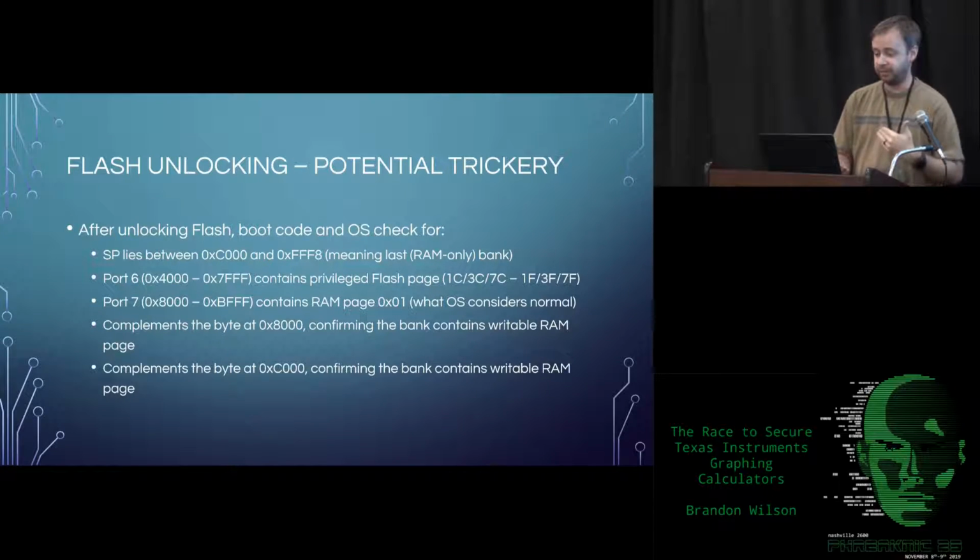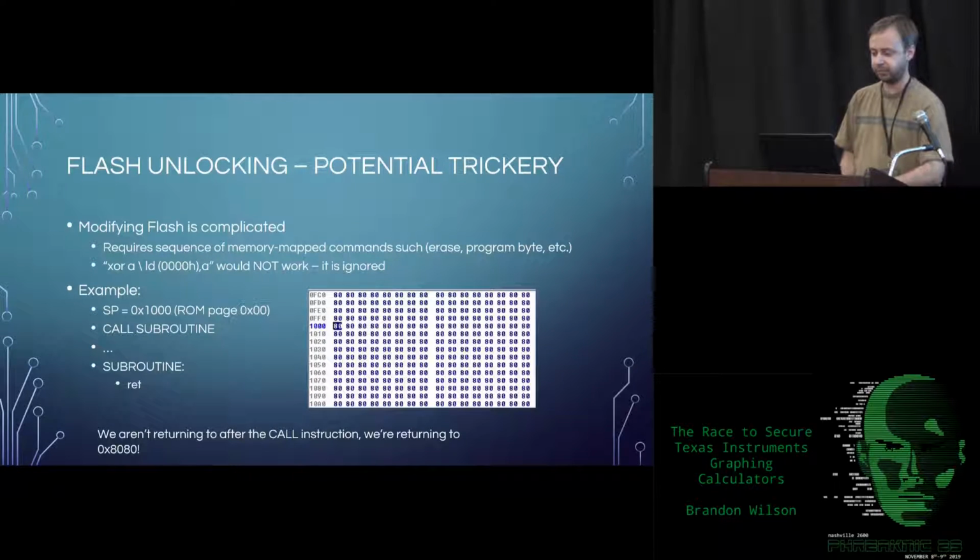Two, it checks to make sure port 6 contains a privileged flash page, because that's where any flash unlocking code would be running from. Three, it checks port 7 to make sure it contains RAM page 1, which is where system RAM is and what the OS would consider the normal operating scenario. And then four, it complements the bytes at 8000 and C000, which confirms that the 3rd and 4th banks contain writable RAM pages. So in addition to this, there are hardware checks, which we'll get into.